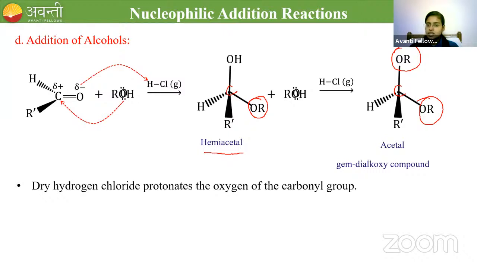The OR group is called alkoxy. So we have two alkoxy groups, and if two groups are attached to the same carbon, it is gem. Gem means geminal. Vicinal, geminal, you might be aware of these two terms, right? We have already studied these terms in the haloalkanes and haloarenes lesson. So if two groups are attached to the same carbon, it is called a geminal dialkoxy compound.